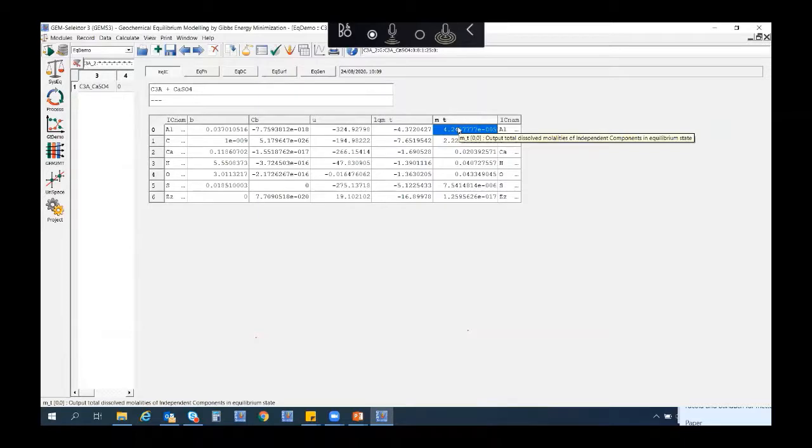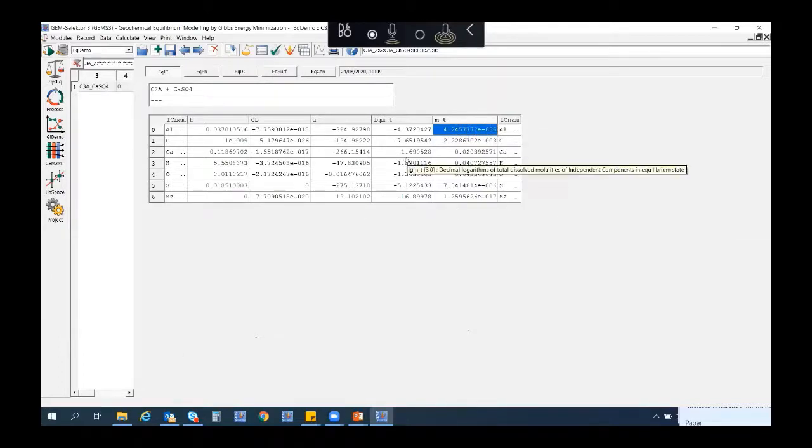And as maybe you will not remember it, each time when you click on it, you get an explanation, sometimes next to it as yellow, but you always get it on the lower edge. You can see MT00, output total dissolved molarities of independent components in equilibrium state.